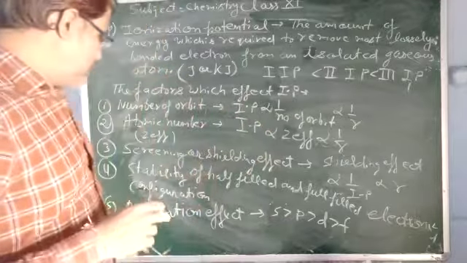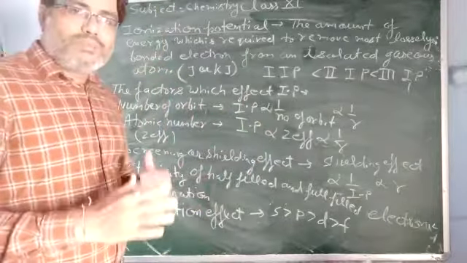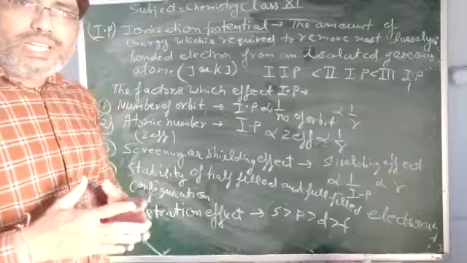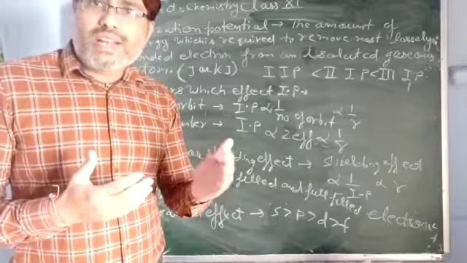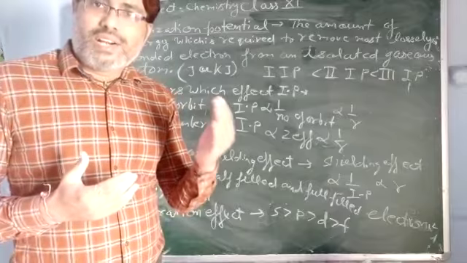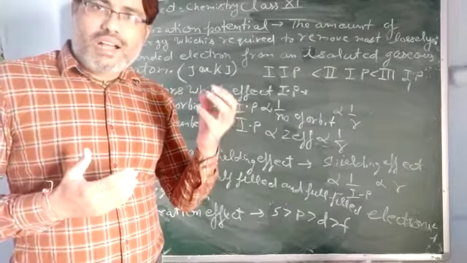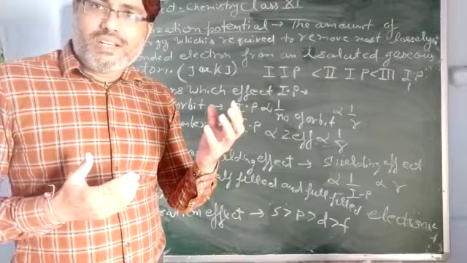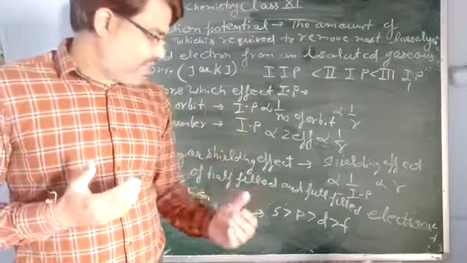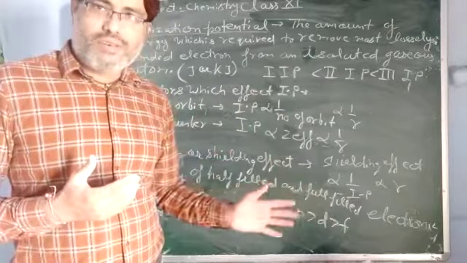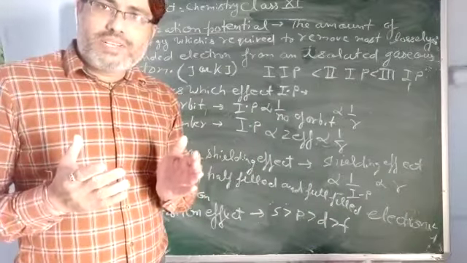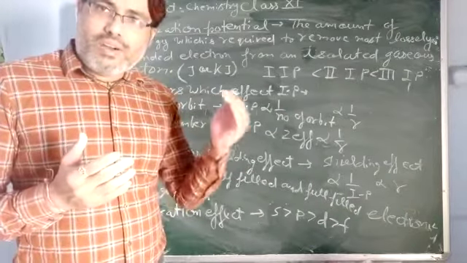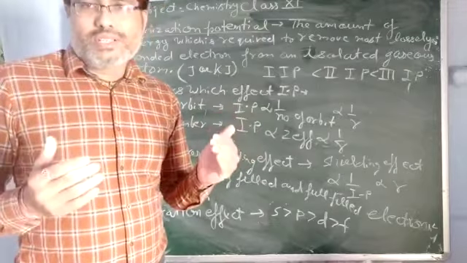Now next is the penetration effect. What is penetration? It is the electrostatic force of attraction between the electron present in an orbital, any orbital such as p, d or f, and the nucleus.